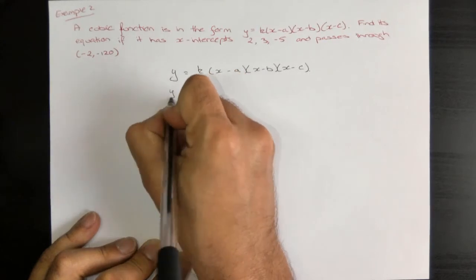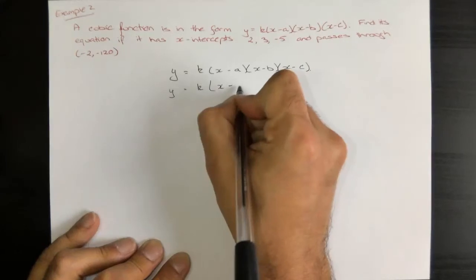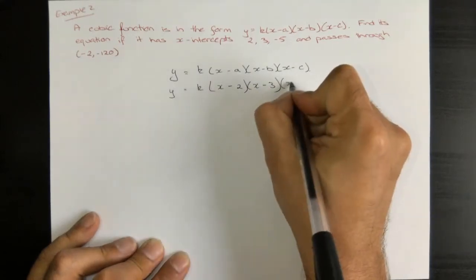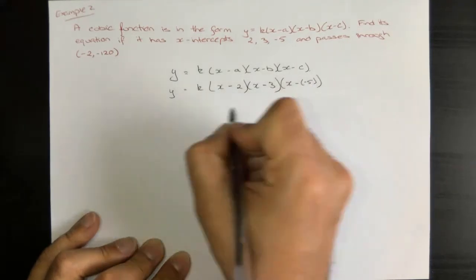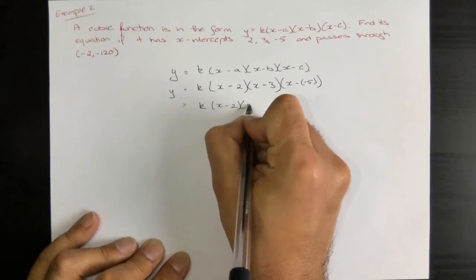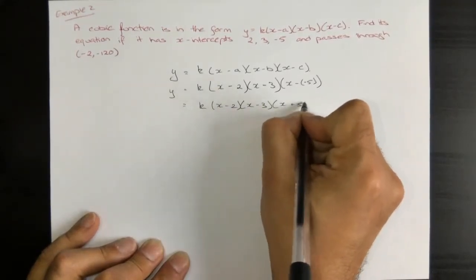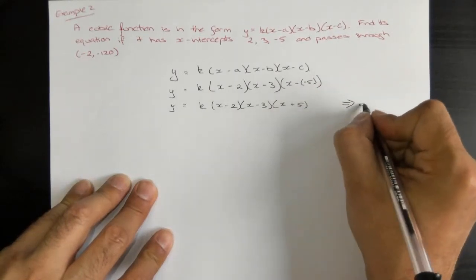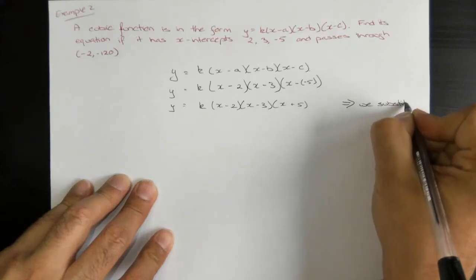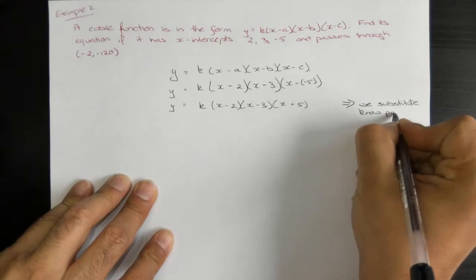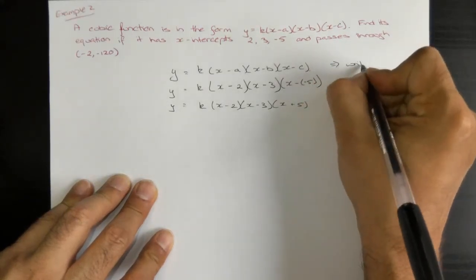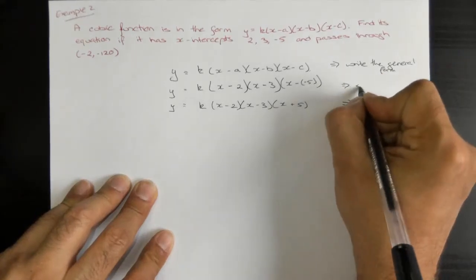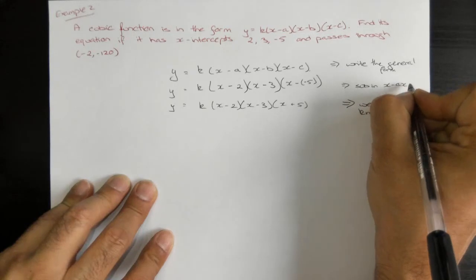So (x minus 2), (x minus 3), and (x minus negative 5) becomes k(x minus 2)(x minus 3)(x plus 5), as two negatives become a positive.